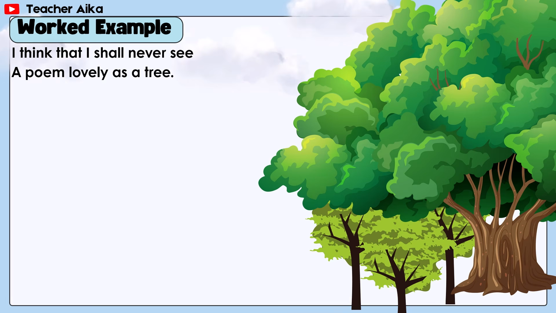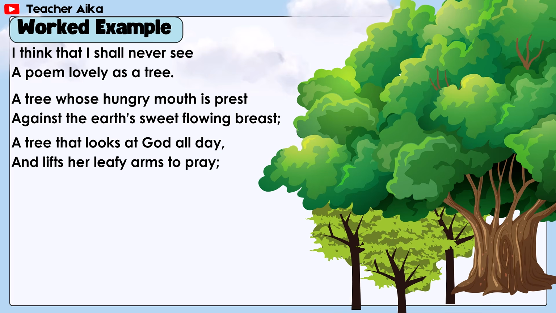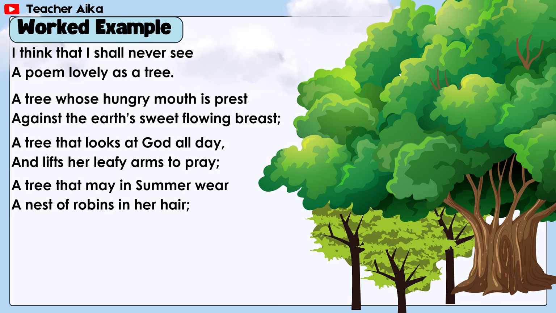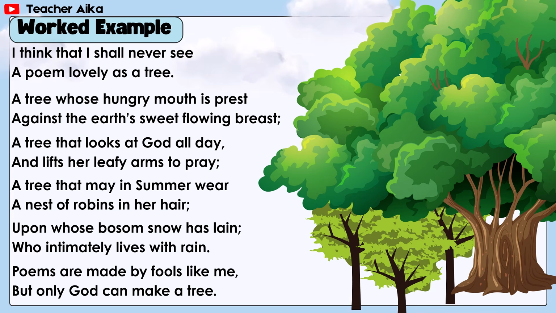I think that I shall never see a poem lovely as a tree, whose hungry mouth is pressed against the earth's sweet flowing breast; a tree that looks at God all day and lifts her leafy arms to pray; a tree that may in summer wear a nest of robins in her hair; upon whose bosom snow has lain, who intimately lives with rain. Poems are made by fools like me, but only God can make a tree.